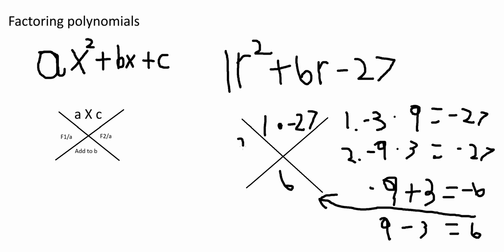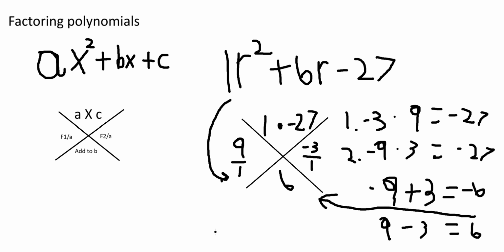So now we have 9 divided by our a value, which is just 1, and negative 3 over 1 as well, because remember we're dividing both by our a value.